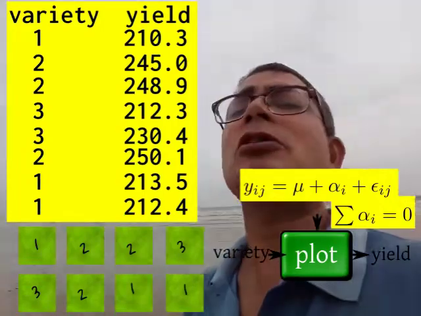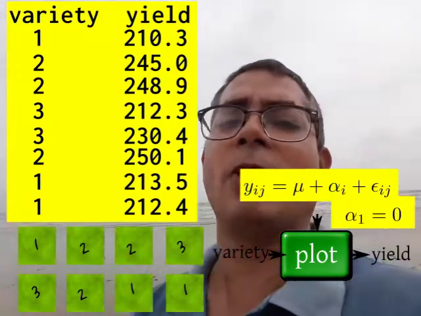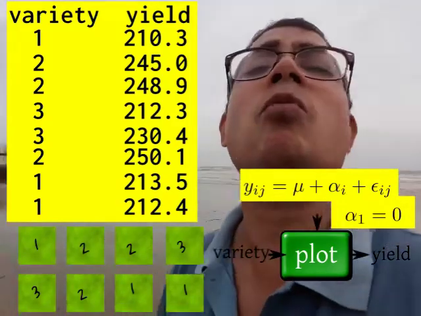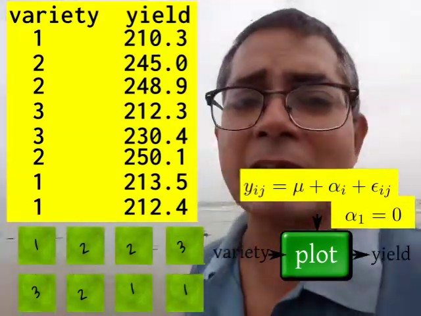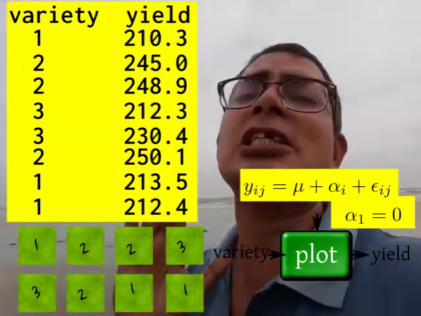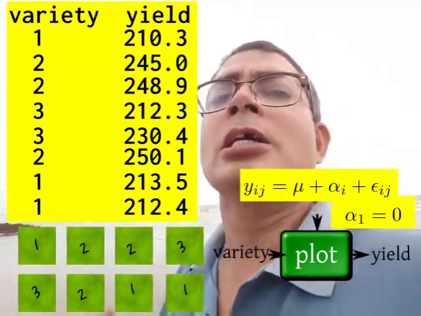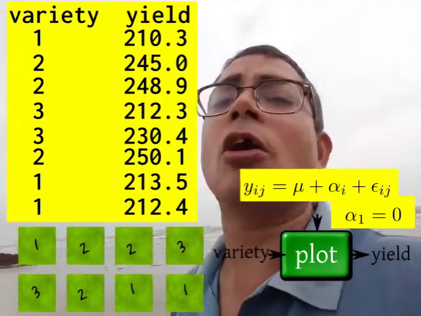Sometimes, however, we want to write it in a slightly different form, and then we use this formulation. Same model, but the condition changes to alpha_1 equal to 0. We'll do this if, due to some reason or other, we believe that variety 1 is something like a benchmark variety. Suppose variety 1 is something that the farmers are already used to.